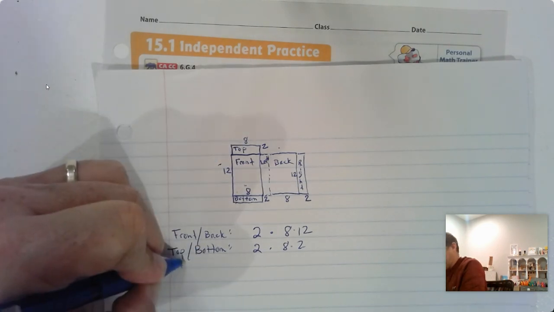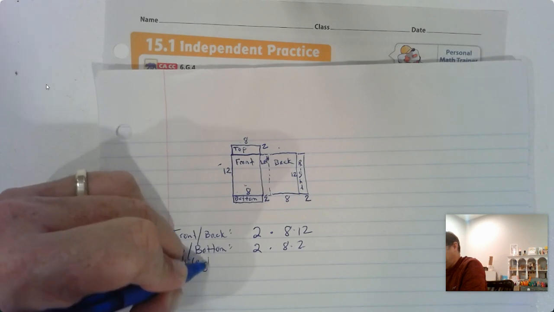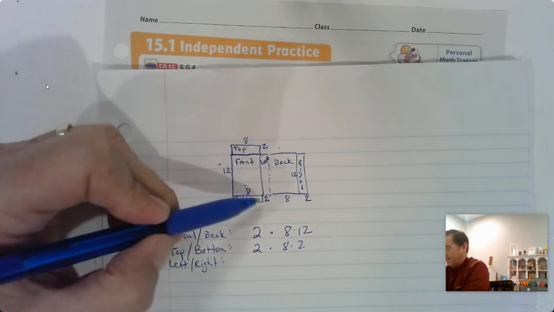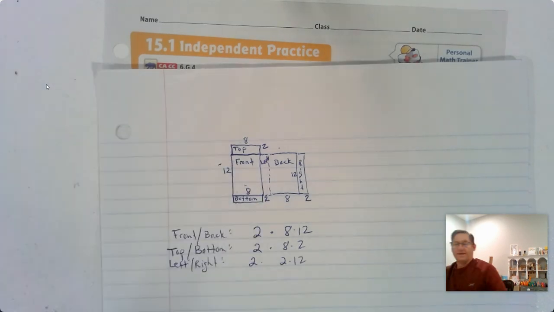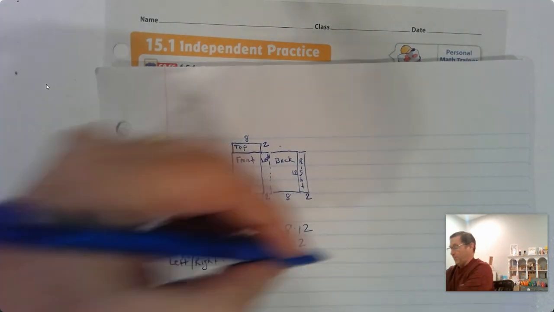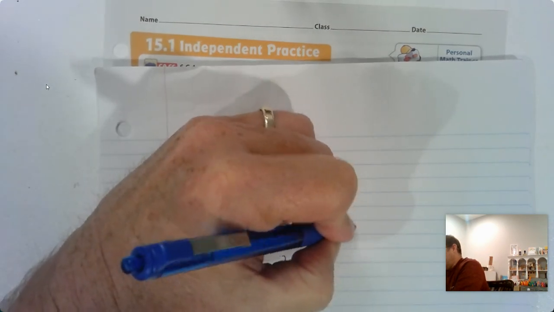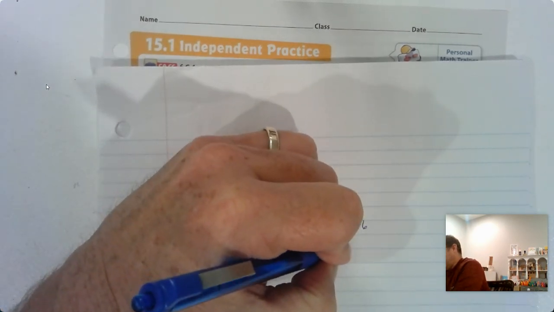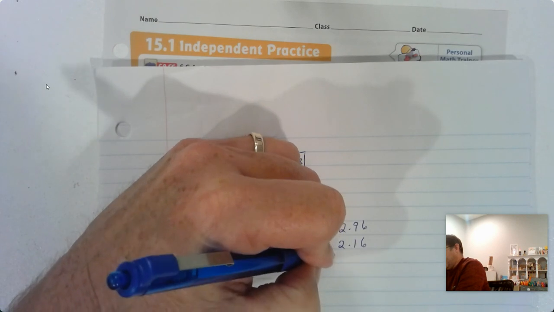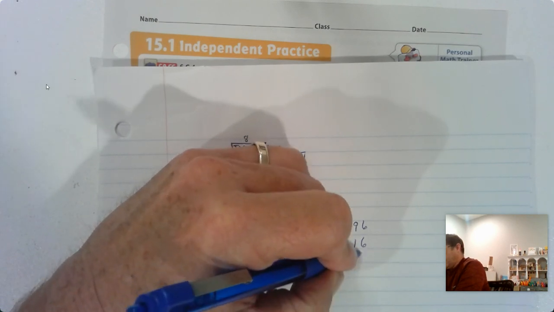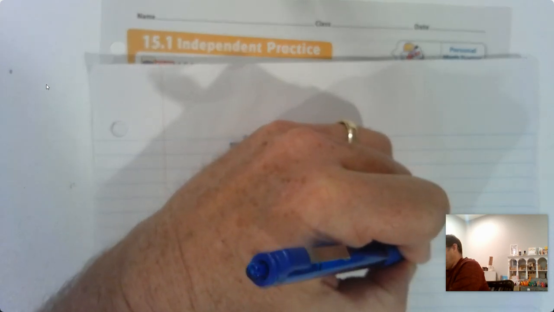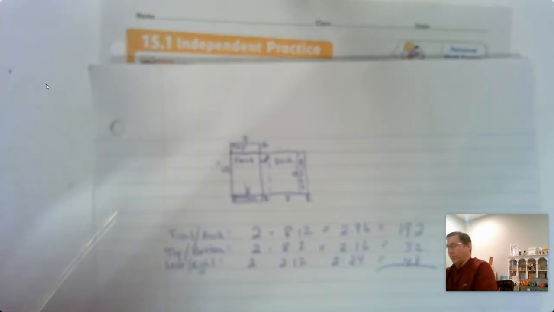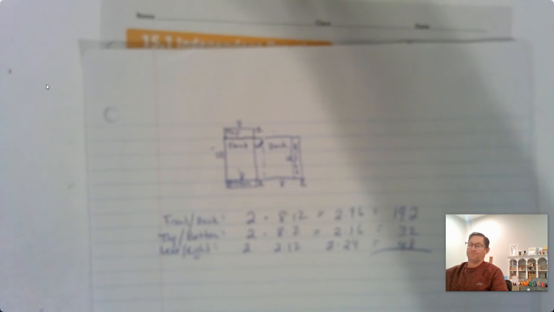And then we have the left and right. And the left is 2 by 12. And the right is also 2 by 12. So 2 times 96, 2 times 16, 2 times 24. So 192, 32, 48.